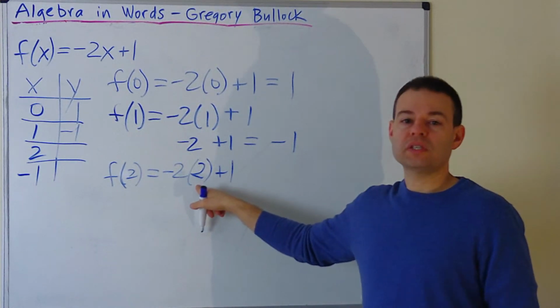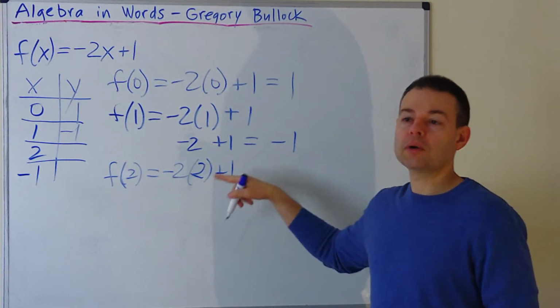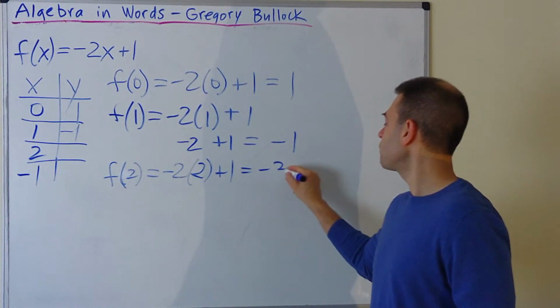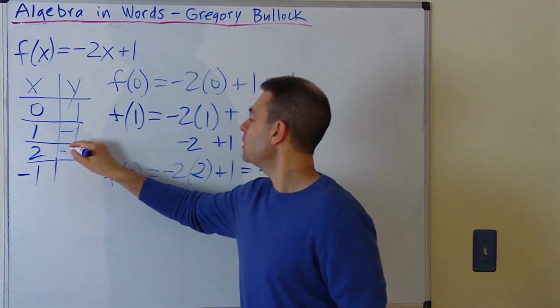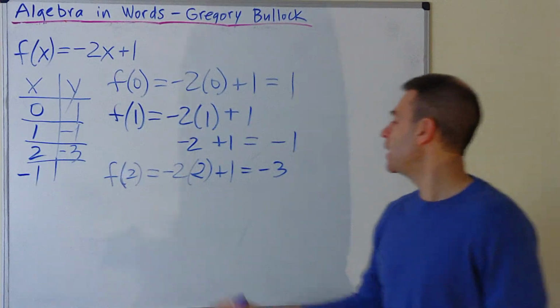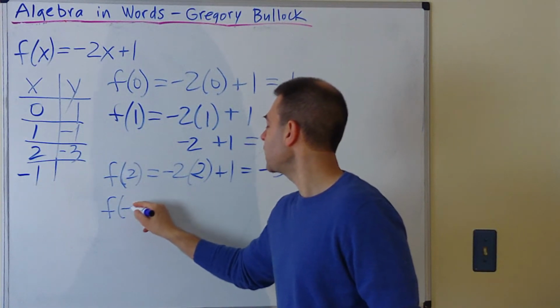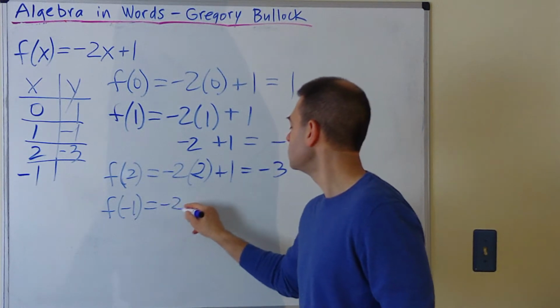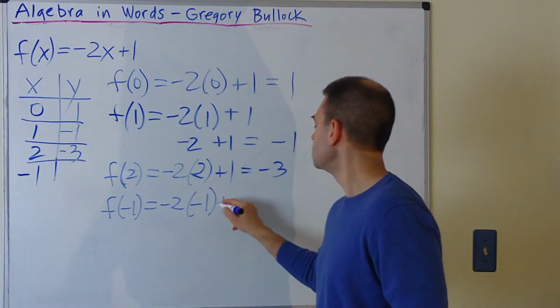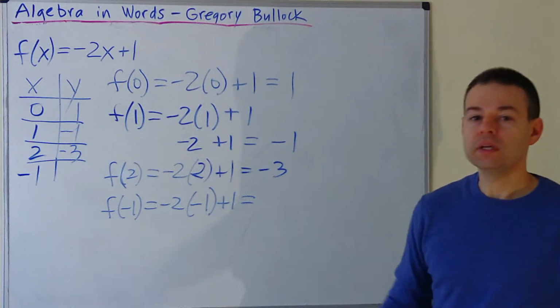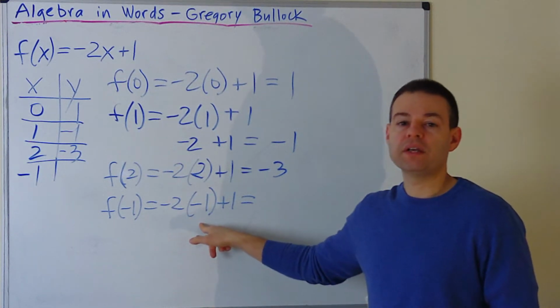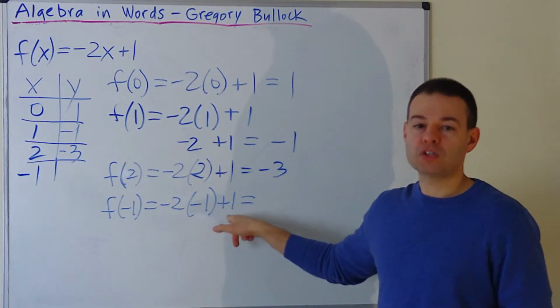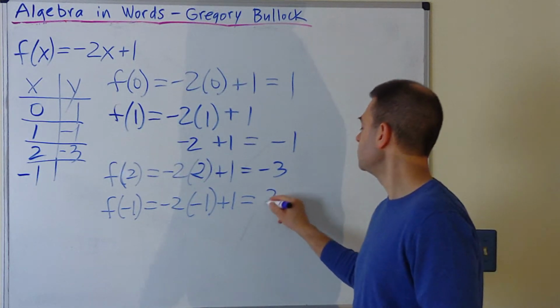Negative 2 times 2 is negative 4. Negative 4 plus 1 equals negative 3. And let's put negative 3 in. And then we have f of negative 1. Negative 2 times negative 1 is positive 2, plus 1 is positive 3.